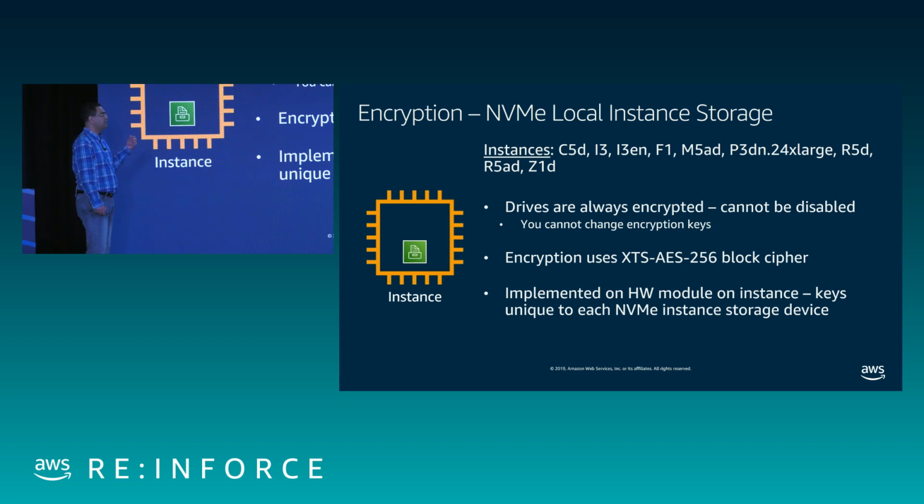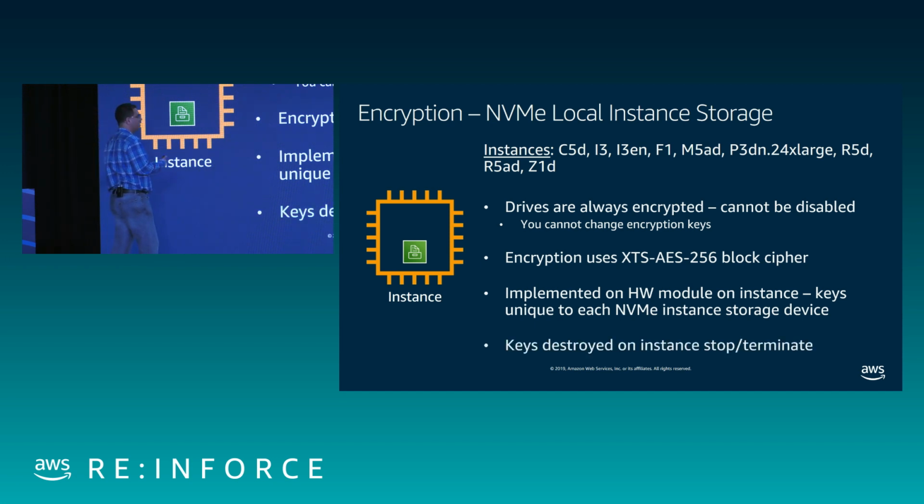So it really tries to separate the security from that standpoint. And finally, when you stop or terminate the instance, that's when the keys get destroyed. So the life cycle from a security standpoint, from an encryption standpoint, is completely local to that instance, right? So it starts with the instance, the keys are local to the instance, it's always encrypted, and then when you stop or terminate, those keys get destroyed.